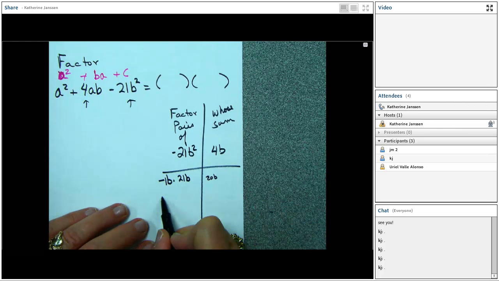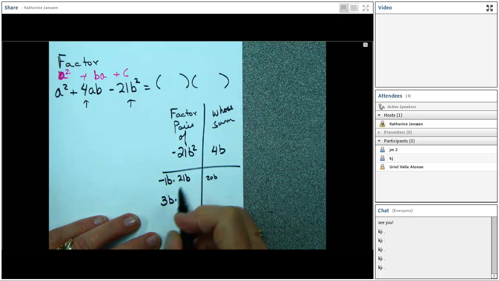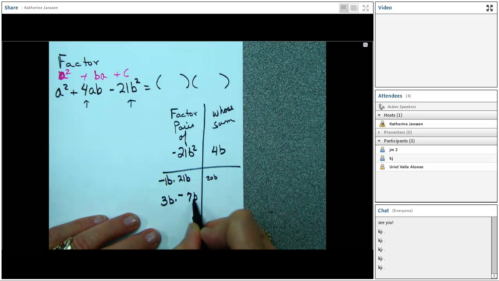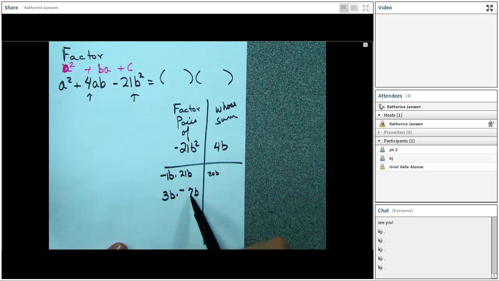How about positive 3b times a negative 7b? 3 times a negative 7 will be negative 21, and b times b is b squared.